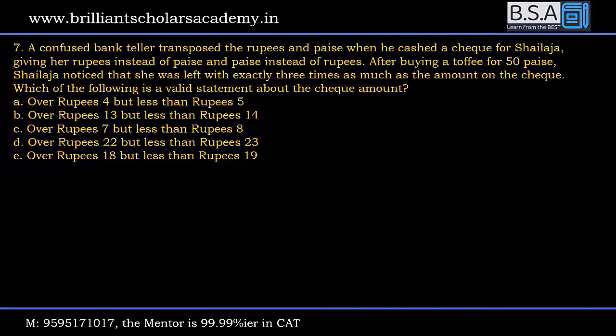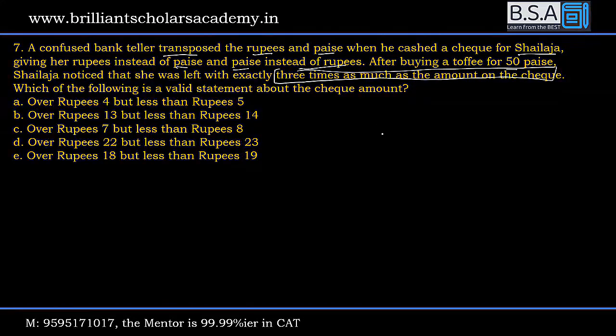a confused bank teller transferred or transposed rupees and paisa when he cashed a check for Shailaja, giving her rupees instead of paisa and paisa instead of rupees. After buying a toffee for 50 paisa, Shailaja noticed she was left with exactly 3 times as much amount on the check.